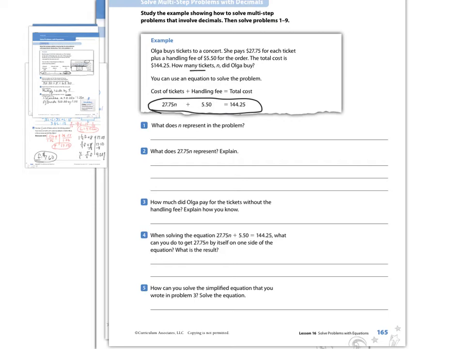Okay, N in the question represents the number of tickets that she is purchasing. What does the expression $27.75 times N represent?